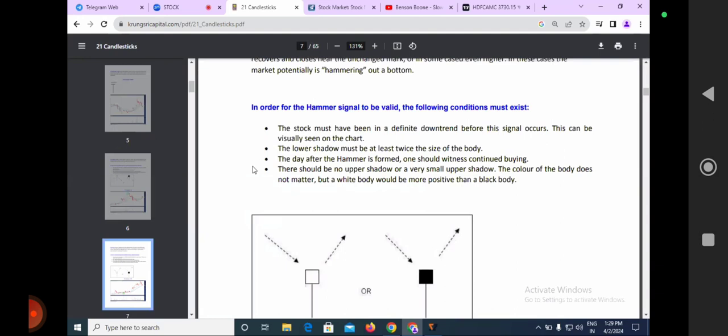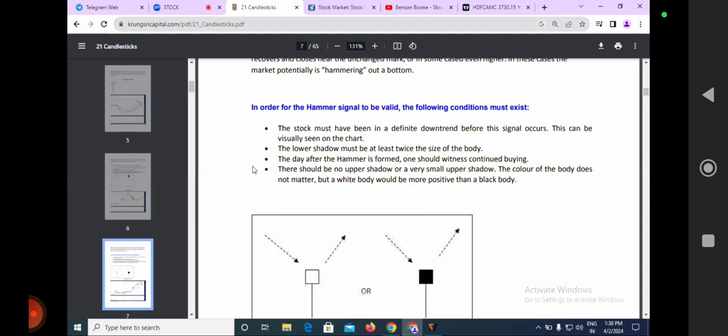The first condition is that the stock, commodity, crypto, or any other script must have been in a definite downtrend before this signal occurs. As I told you, a doji can be formed in any kind of market, but this hammer candle should only appear in a downward trending market. This should be visibly seen on the charts.